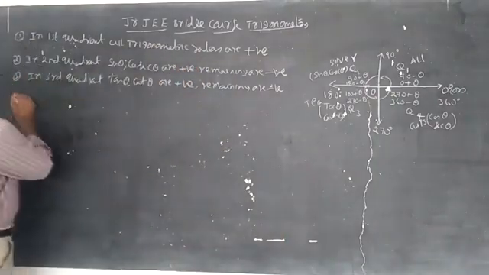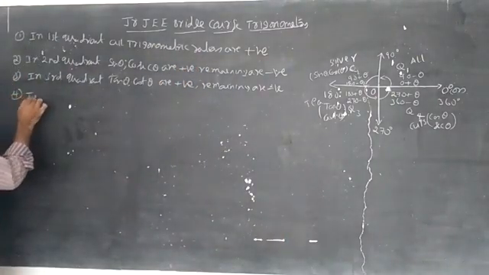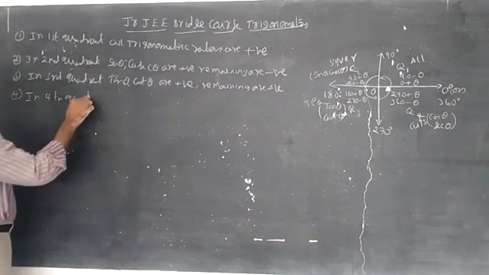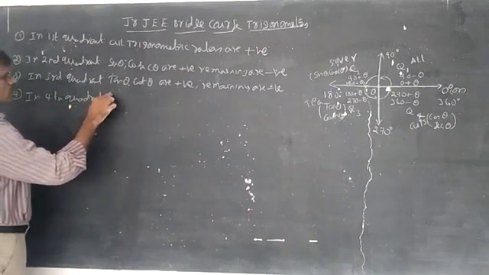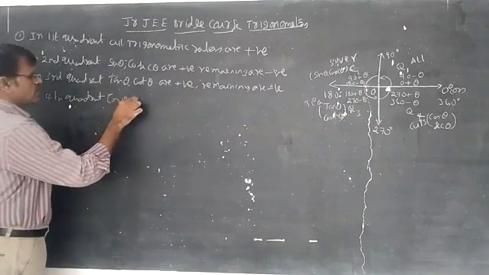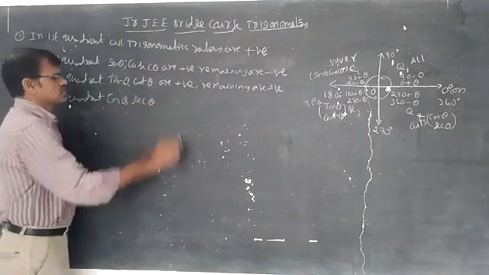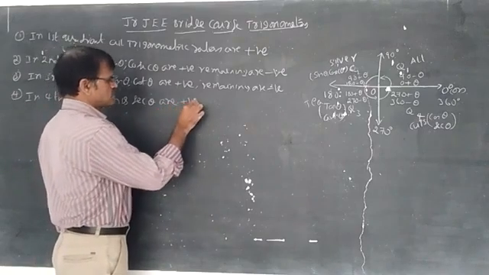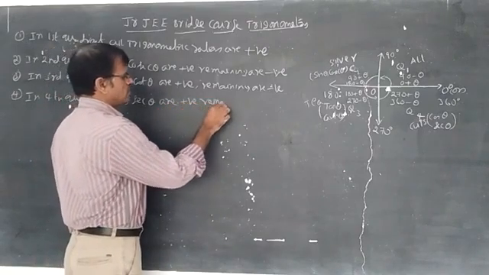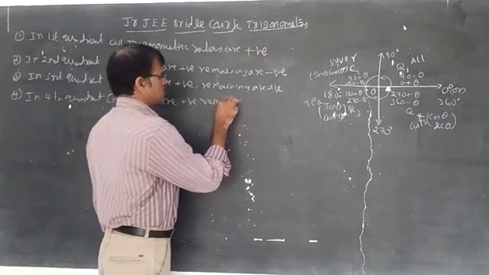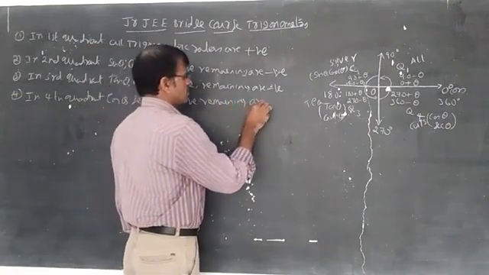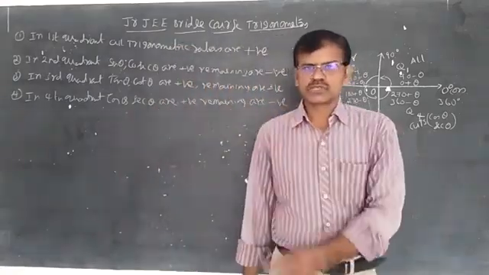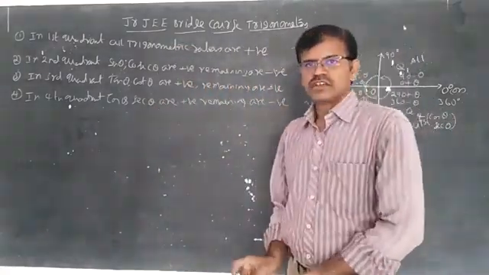Next one, fourth formula, in the fourth quadrant, cos theta, its reciprocal secant theta, are positive, and the remaining are negative. I mean, remaining means the remaining trigonometric ratios other than these two are negative.